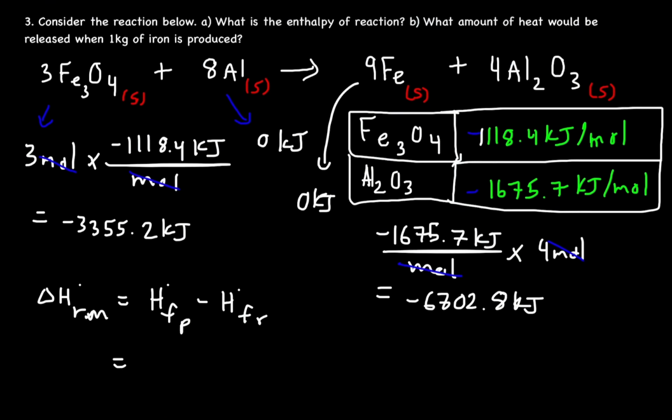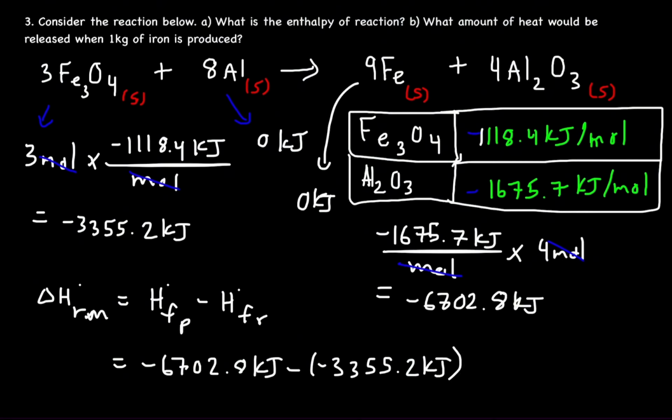So the enthalpy change is equal to, this is the product, negative 6702.8 kilojoule minus, I don't know why my minus sign doesn't look good, negative 3355.2 kilojoule.